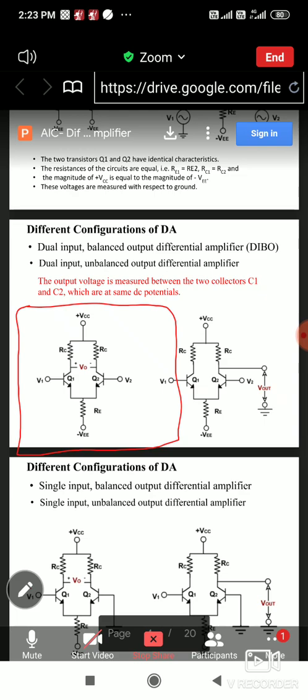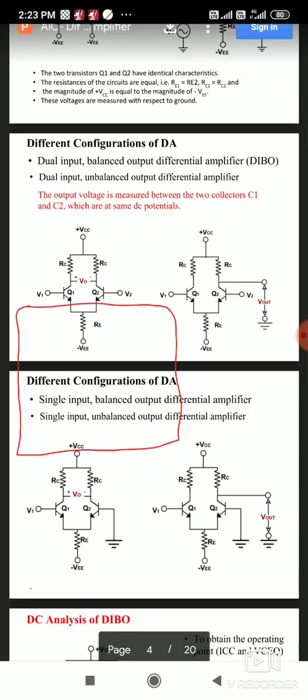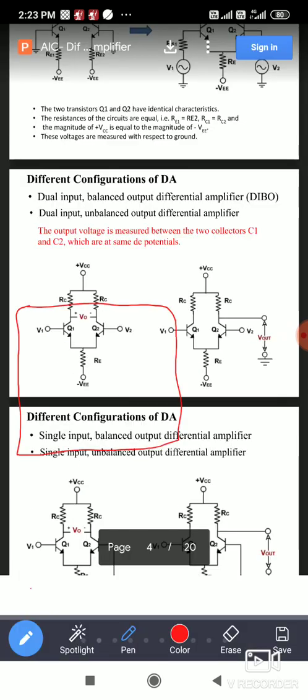Is anything missing in the DC equivalent circuit? That is the input voltage. See here, in the original circuit, V2 voltage is there, that is the AC signal. V1 is also here, AC signal.